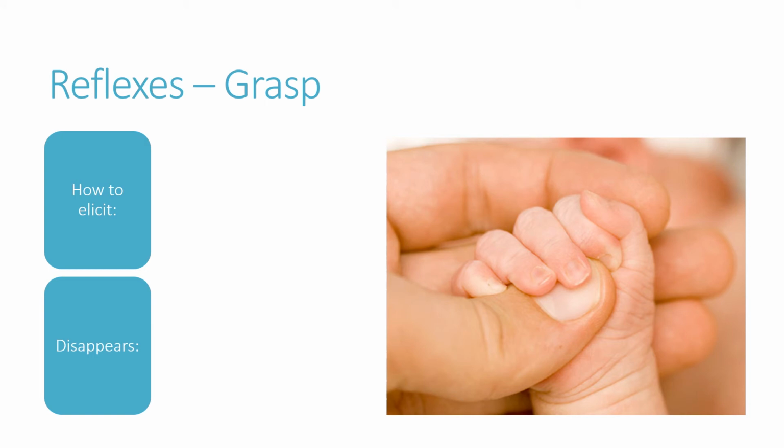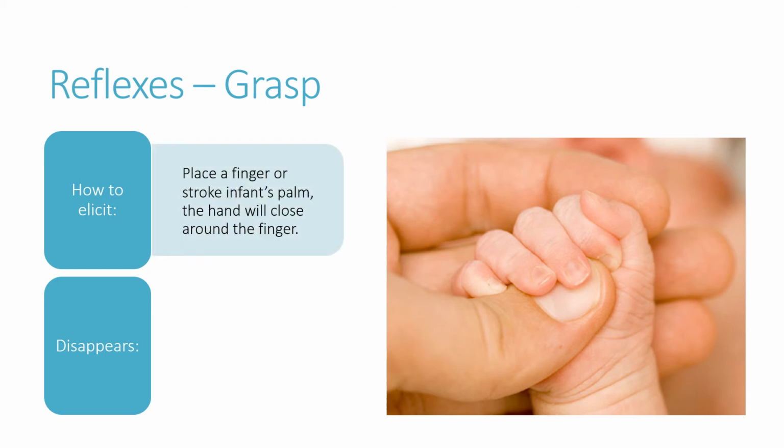Next, we're going to discuss reflexes that the infant has, and these first couple of reflexes are ones that will be present at birth. The first one is the grasp reflex. We want to know how to elicit this reflex and know when the reflex disappears for the next few reflexes.